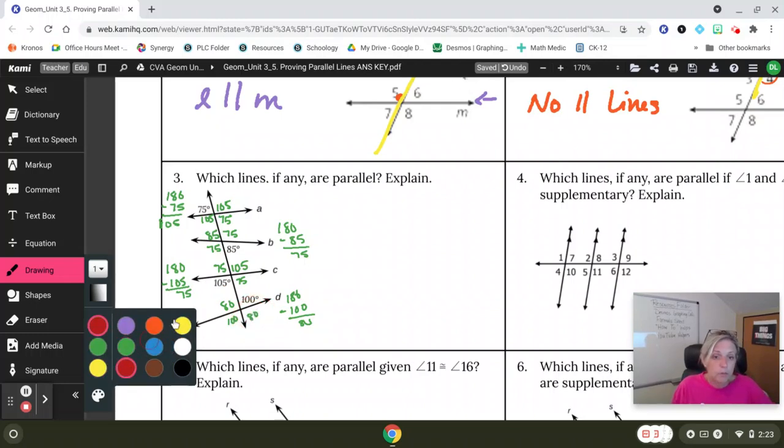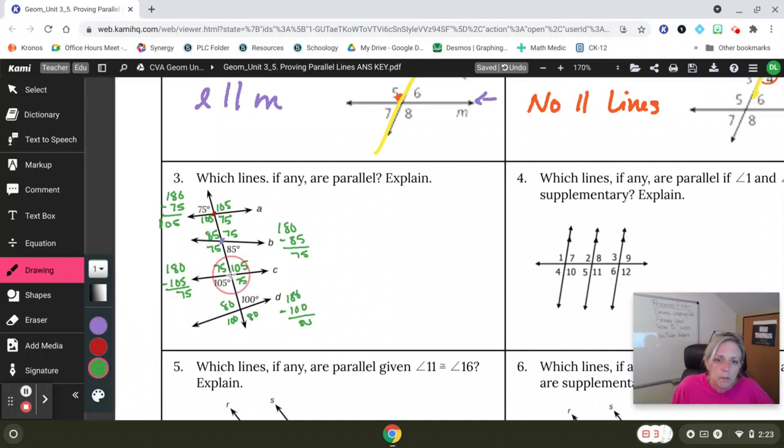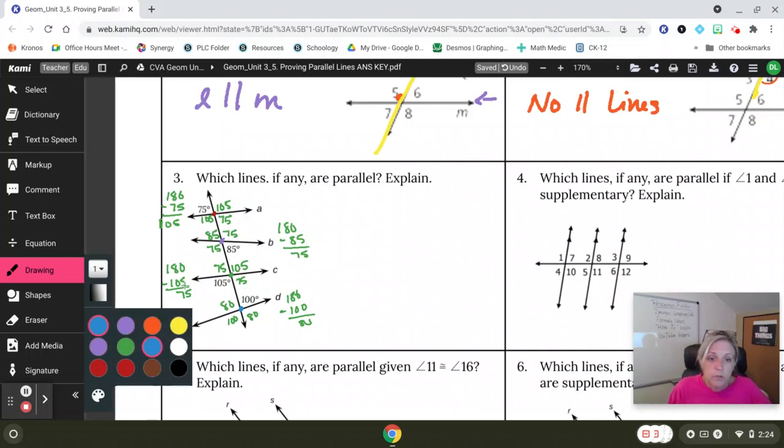Okay, now what I'm looking for is around any given vertex. So we have a red one, we have a purple one, we have a green one, and we have a blue one, okay? So when I'm looking at these vertices, what I'm looking for is the exact same pattern around each of them. So when I look at the red one, I'm just looking at these 4 angles.